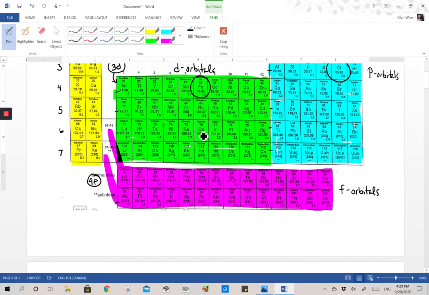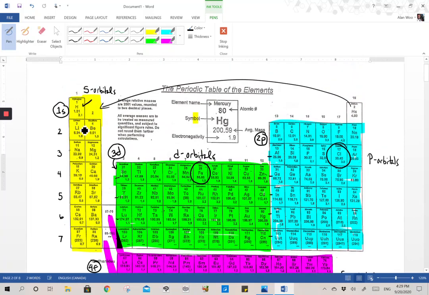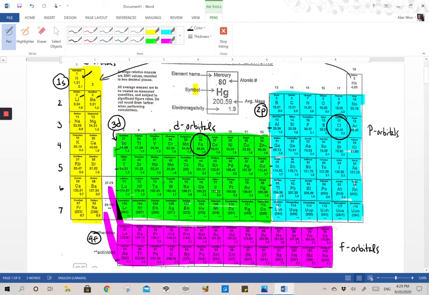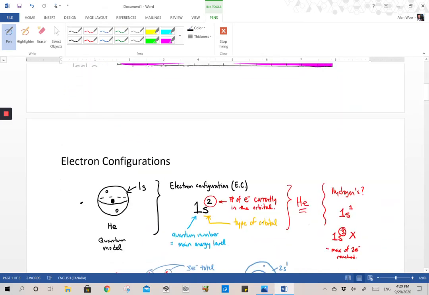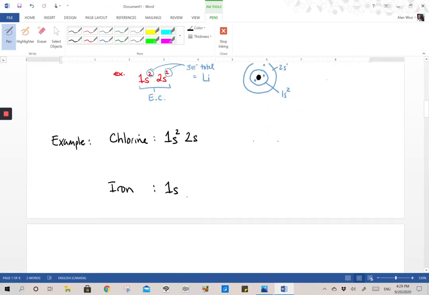Okay, so 2s is right here. We know that we're going to fill in both components of that orbital. So 2s2 is basically all filled up, right?